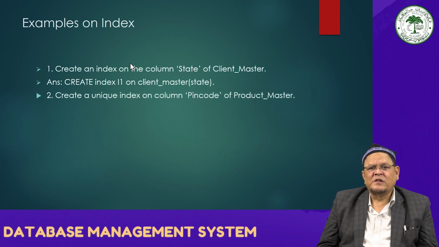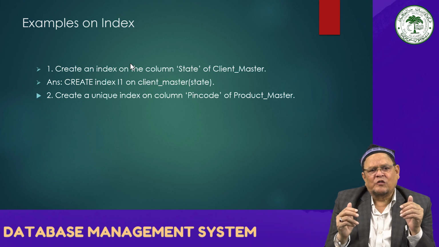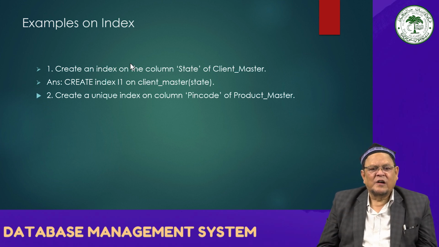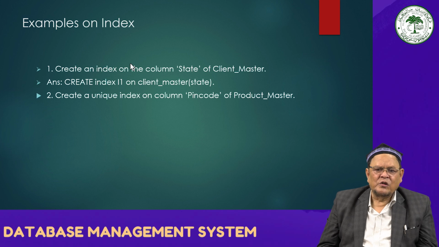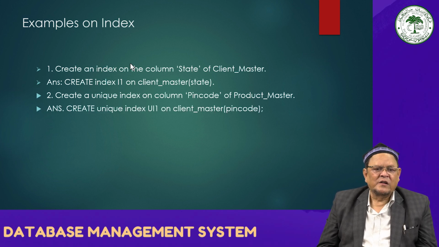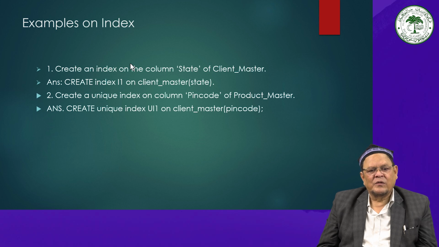The next question, by this example it will be easier to understand the index: create a unique index on the column pin code of the client master table. How do you write? CREATE UNIQUE INDEX, then the index name, on client master pin code.